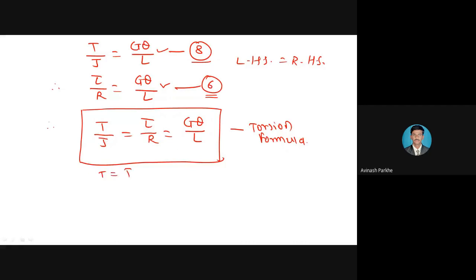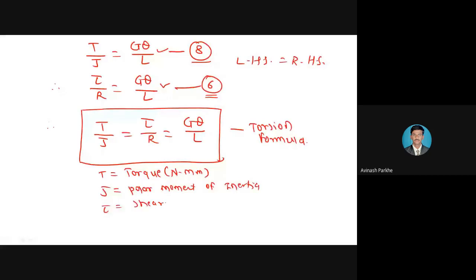In that, this capital T represents the torque, which is always in Newton mm. J represents the polar moment of inertia. Tau represents shear stress.